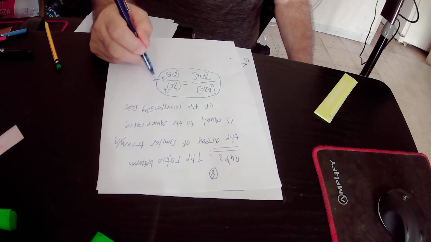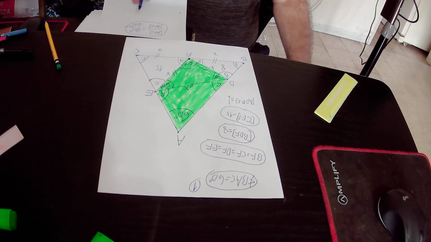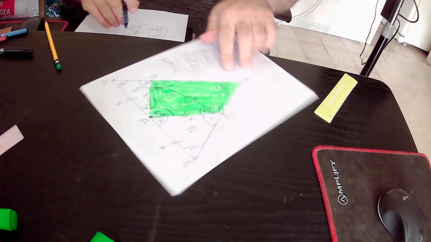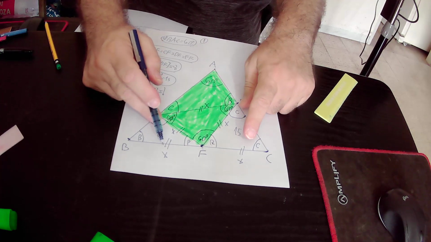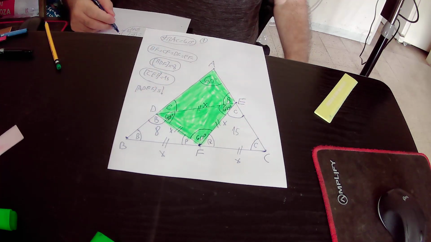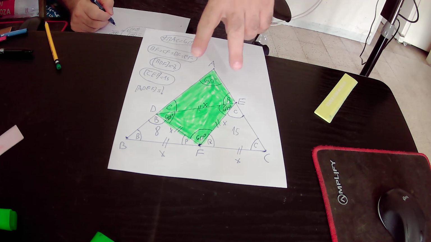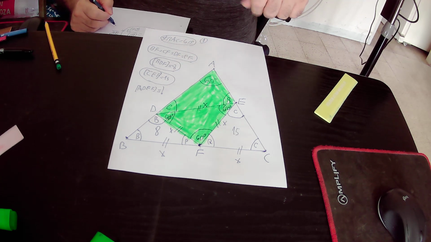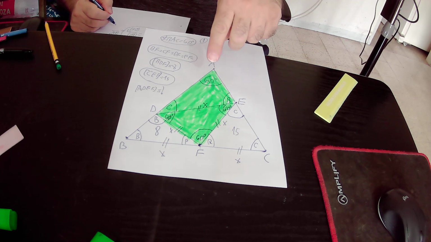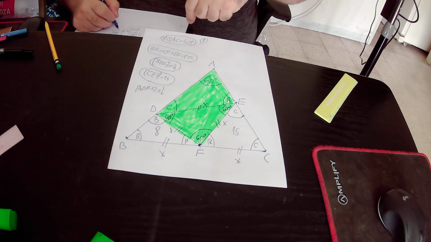But what is the value of BC? BC equals x plus x, that is to say BC equals 2x. So BC square will be equal to 2x squared over DE square. DE equals x, so DE square is x squared.